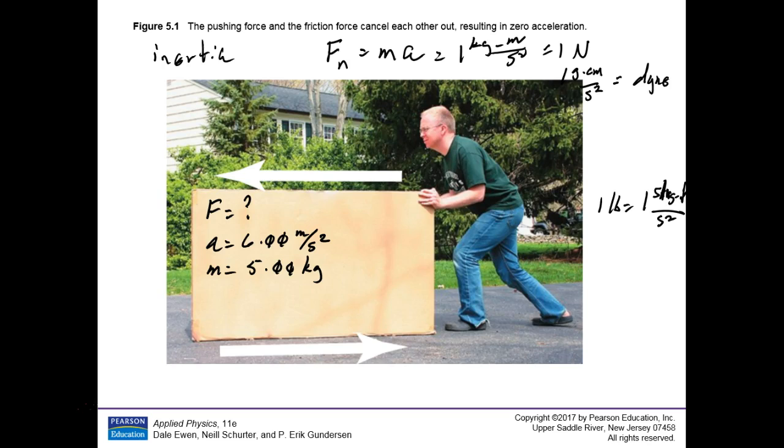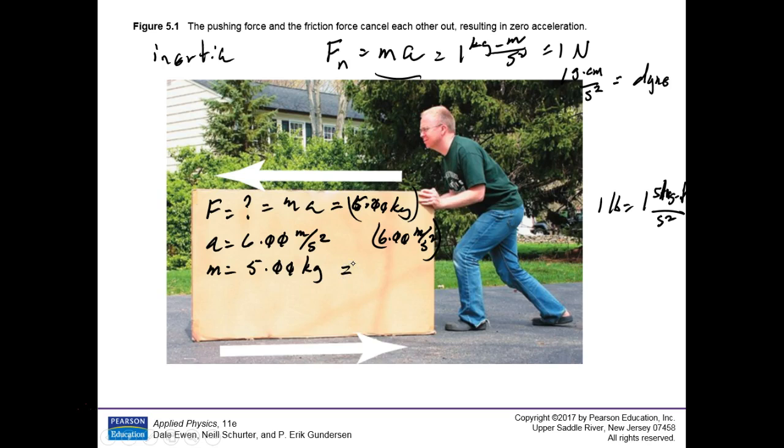And what is force, by the way? Do you remember the formula? Look right up here. It's mass times acceleration. So you just plug in 5.00 kilograms times 6.00 meters per second squared. I don't have enough room here.